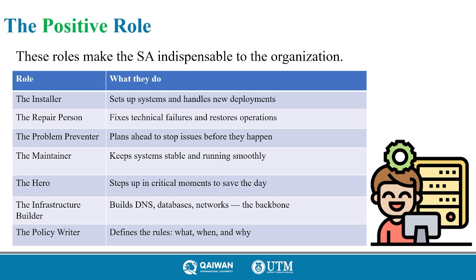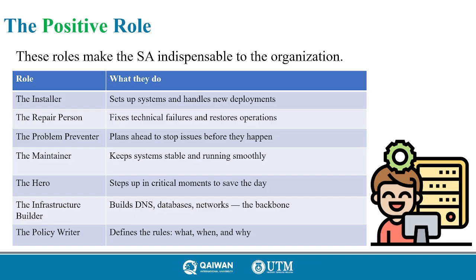Now, the repair person: your job would be fixing technical failures and restoring operations. The problem preventer, which in every company is very important: your job would be to plan ahead to stop issues before they even happen.